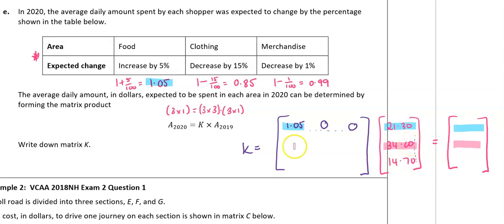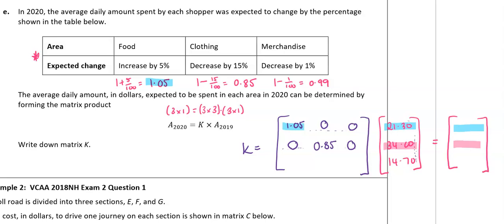So if I'm moving through my matrix, I don't want to pick up anything from the first calculation from food. I definitely want to adjust my clothing. But then again, as I move across, I don't want to pick up anything from merchandise. So again, I make those other spaces 0, and they act like placeholders.